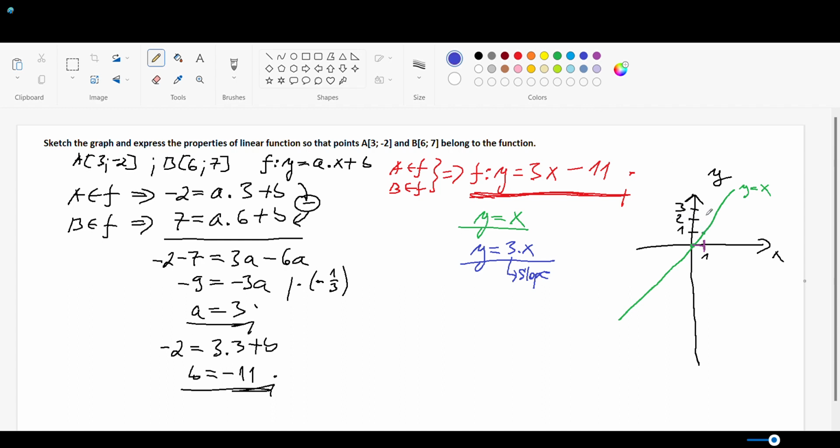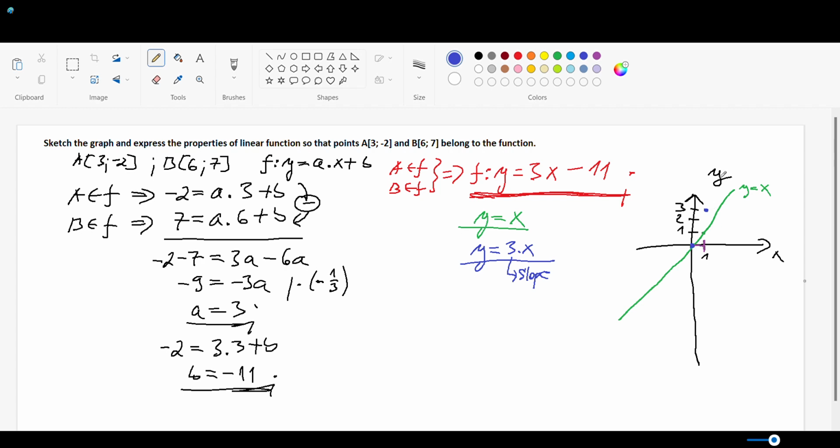So now I know that my blue line will pass through the point with coordinates 1, 3, which can be very easily calculated when you fill in this equation with x being 1. Then you will of course get number 3 for y, and we now again have 2 points, which are enough for drawing any straight line.